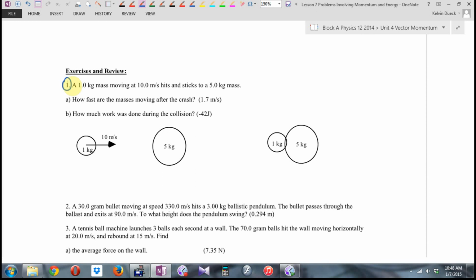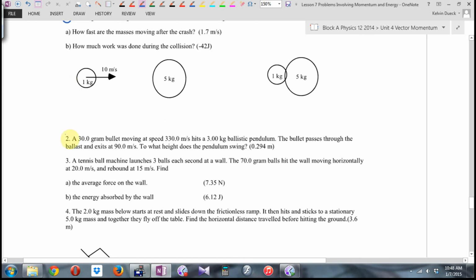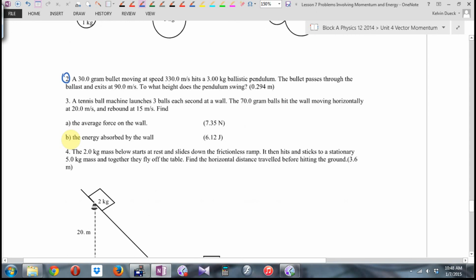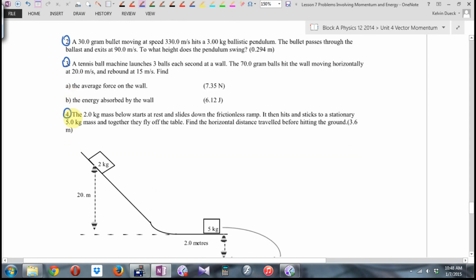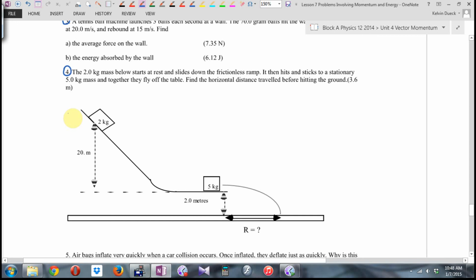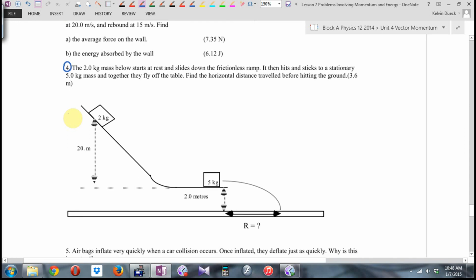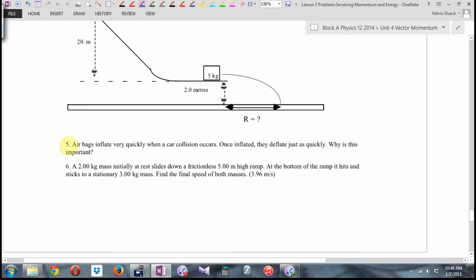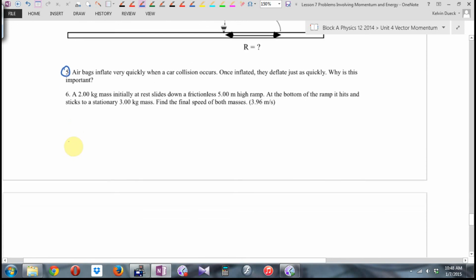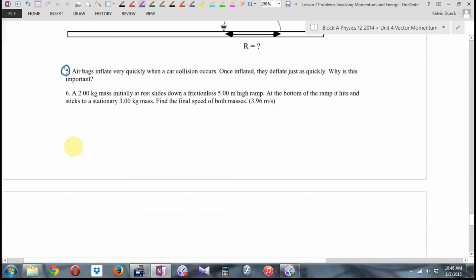Okay? 2. 3 is good. 4 is good. Ooh, 4 requires some projectile motion. 5 is good. 6 is good.